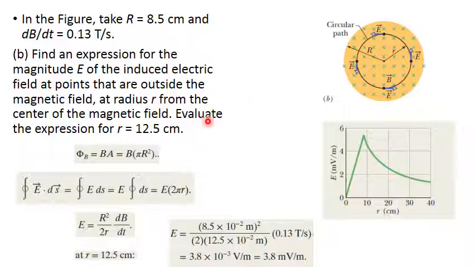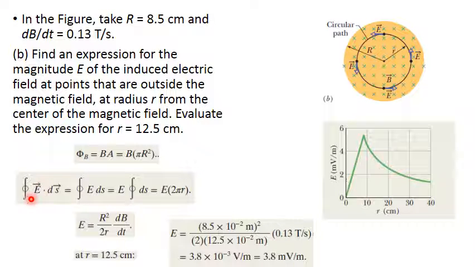Okay? So the total magnetic flux in this case would be B multiplied by A, where A is pi capital R squared, which is the area which includes the magnetic field. This is the magnetic flux.